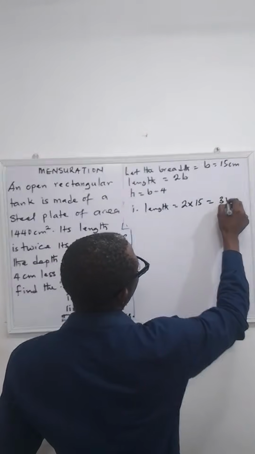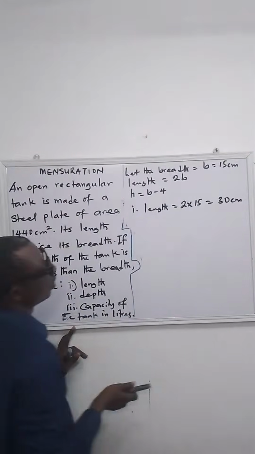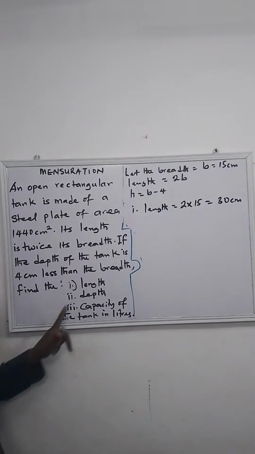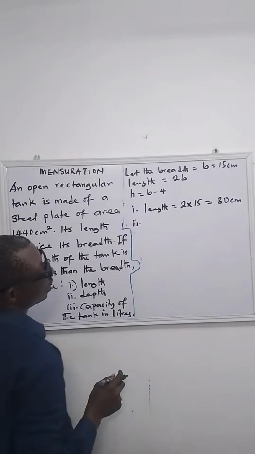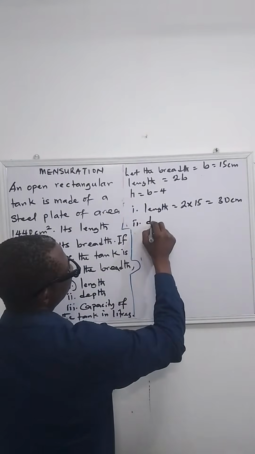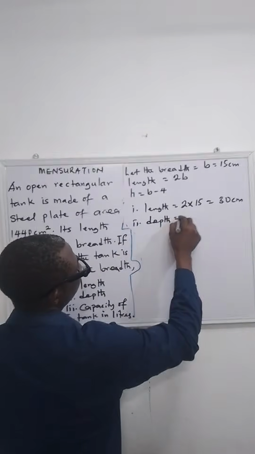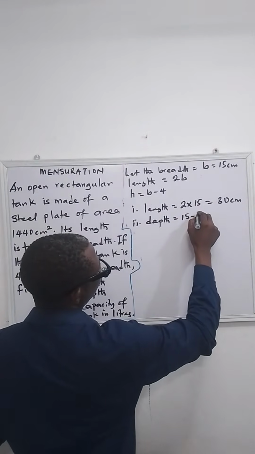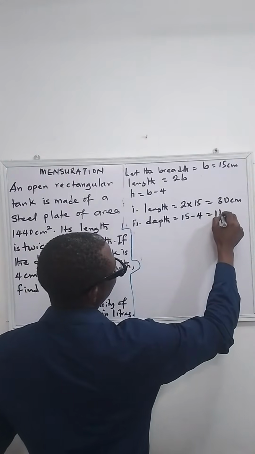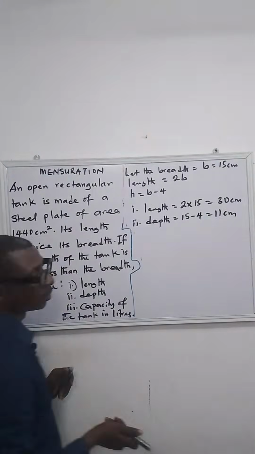And that gives us 30 centimeters. Okay. Now also the depth. The depth is b minus 4. That is 15 minus 4. That gives you 11 centimeters.